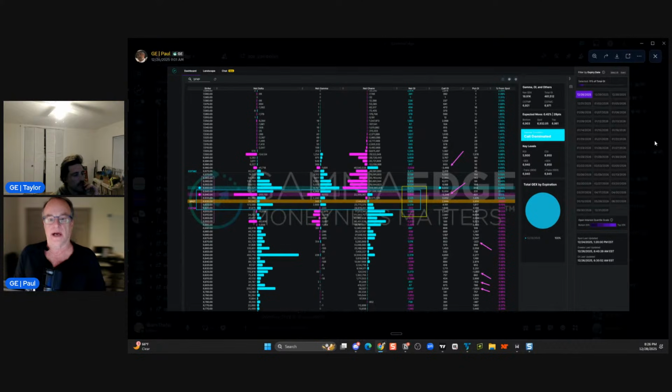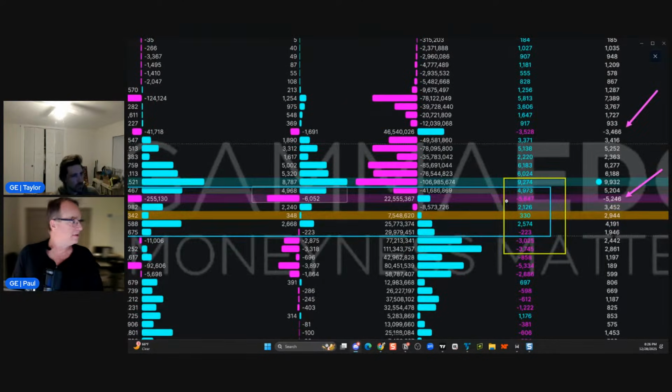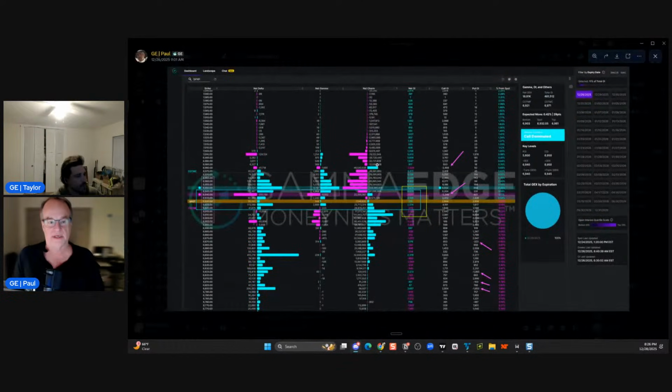That net OI, I want you to look really, really carefully at the 69.40 strike. When you look at the 69.40 strike and you carry that across, that's where minus GEX is in that picture, and there's a short strike right there.